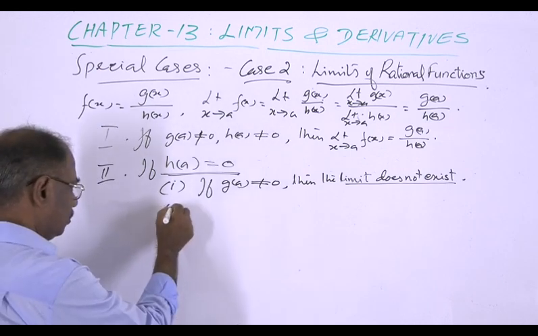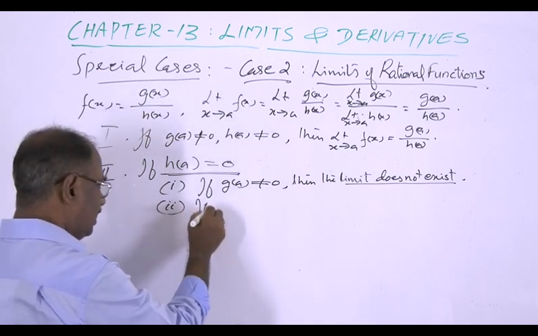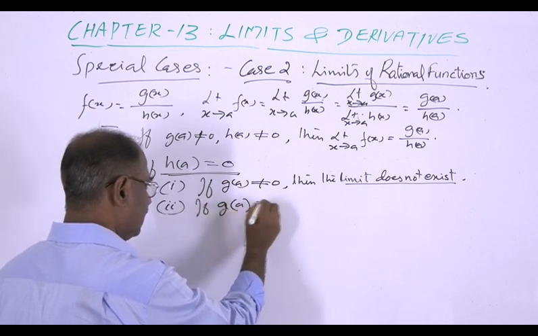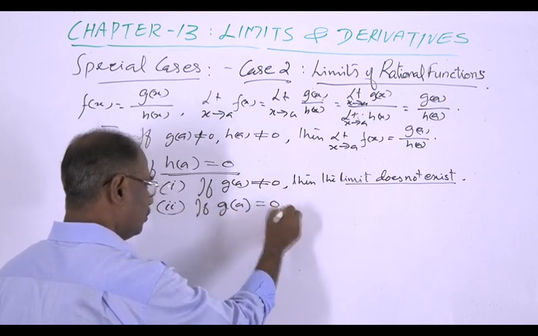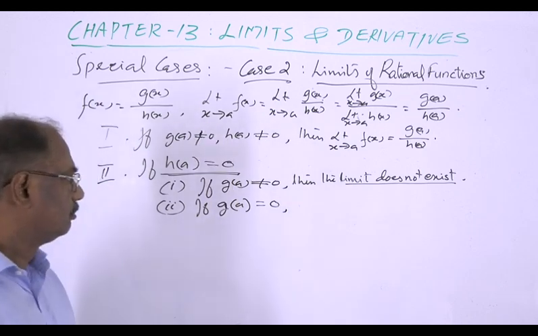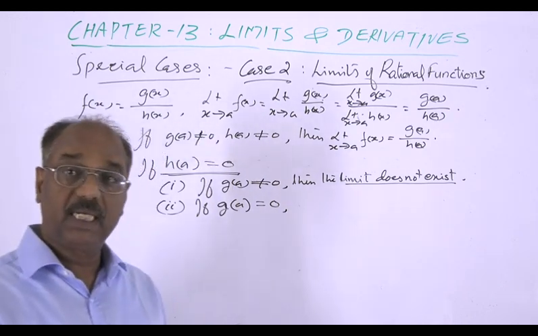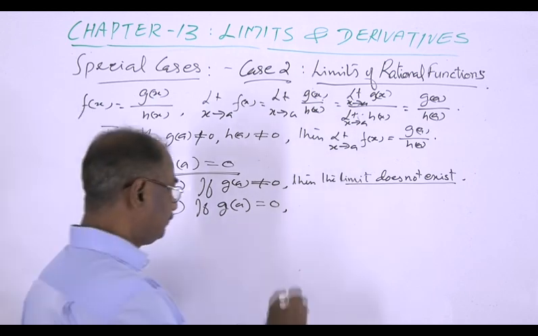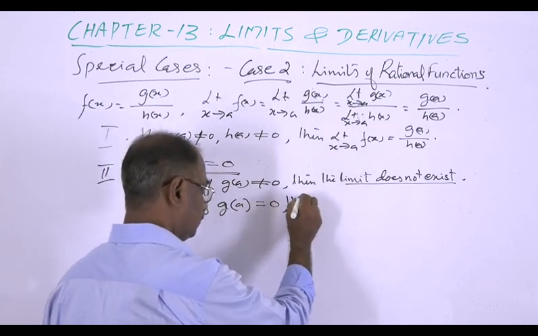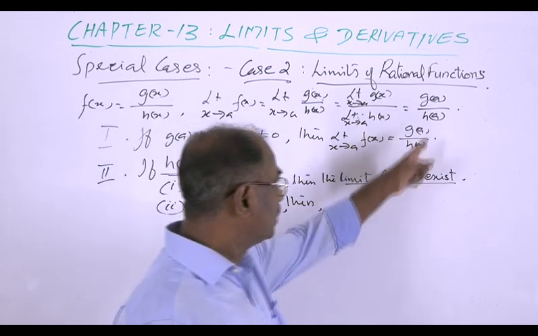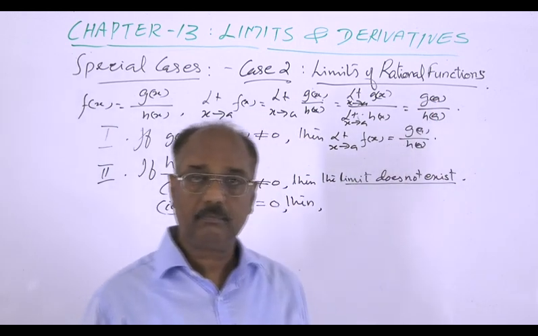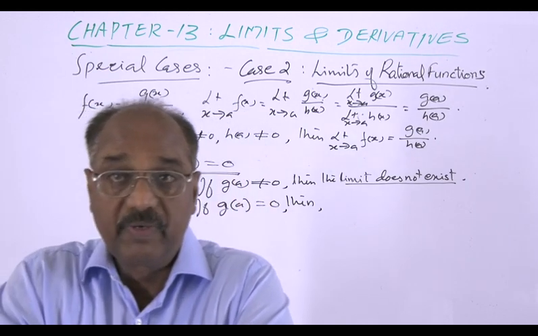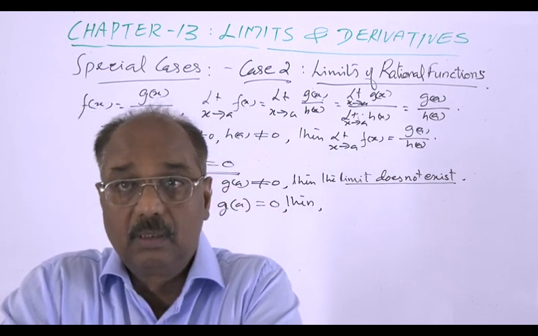Case 2: if g(a) equal to 0, then what happens to this fraction? Numerator 0, denominator 0 when a is substituted.